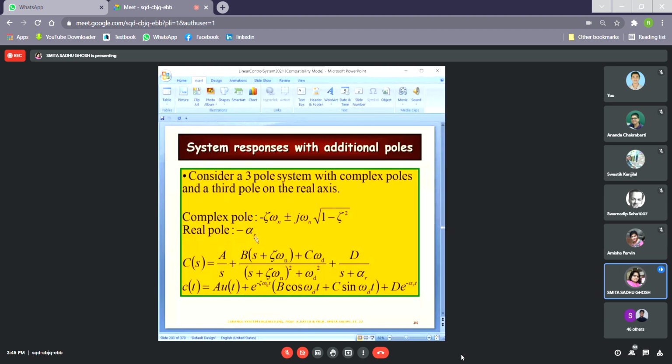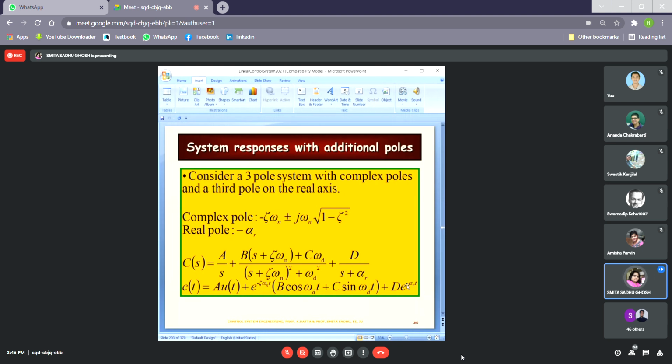Depending on the value of alpha r, if it is close to the imaginary axis, meaning it has a small value, what will happen? If it has a large value, meaning it is pushed further towards the left, what will happen?